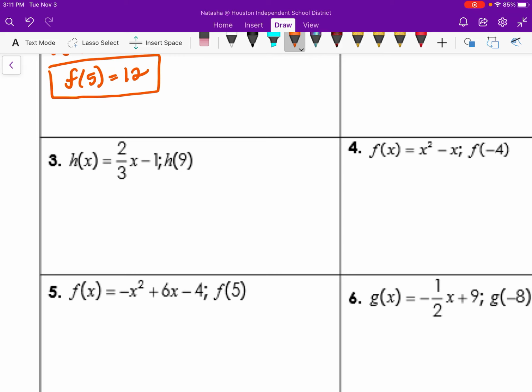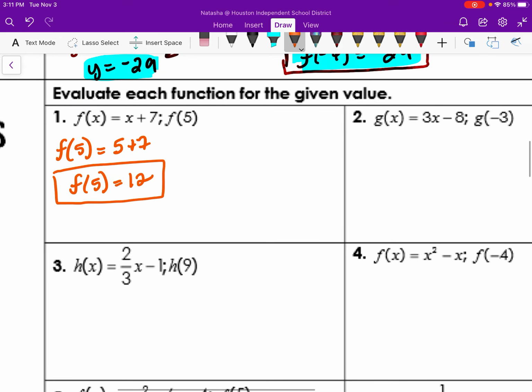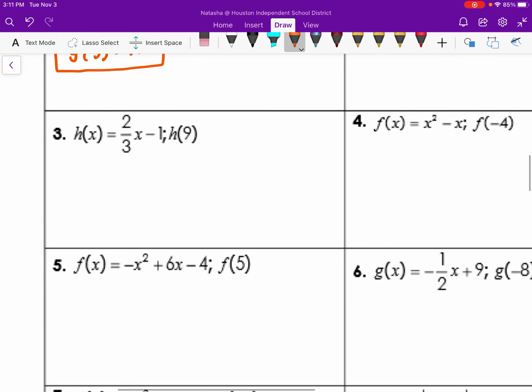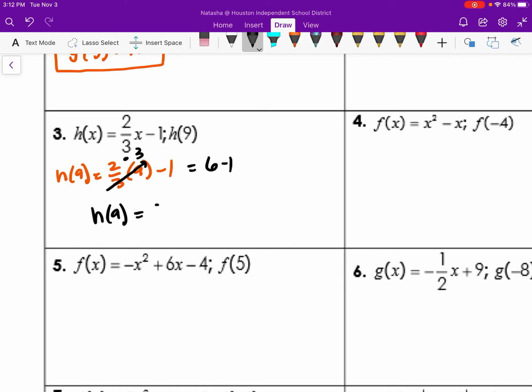So we've got h of x, and notice that instead of f, I have h. All that is representing the name of the function. So h of 9 is going to be equal to 2/3 times 9 minus 1. Okay, 9 divided by 3 becomes 3, so that becomes 2 times 3, which is going to give me 6 minus 1. So h of 9 is going to be equal to 5.